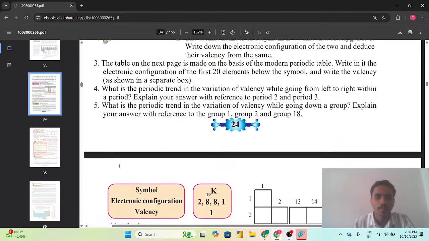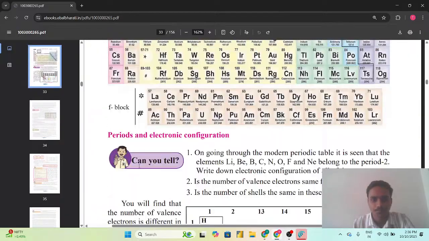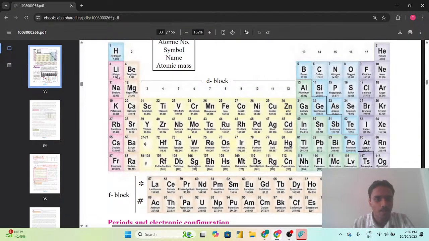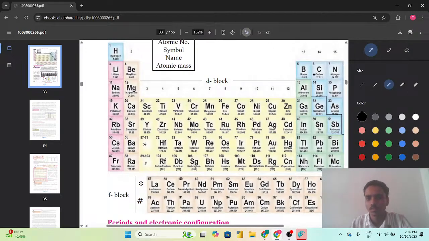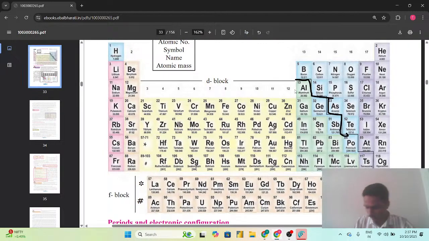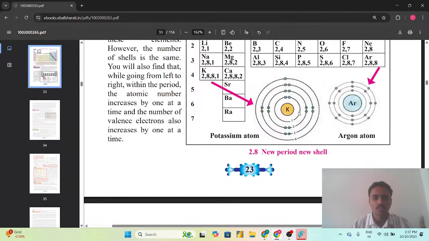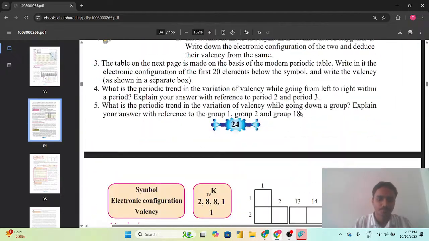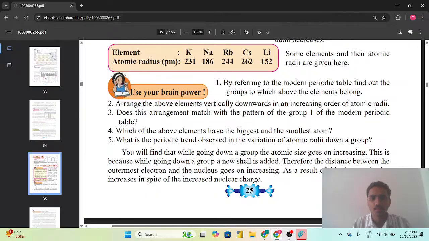In the periodic table, along the zigzag line there are the metalloid elements, on the left hand side there are the metals, and on the right hand side there are the non-metals, as we have seen in the structure of the modern periodic table. So what next?